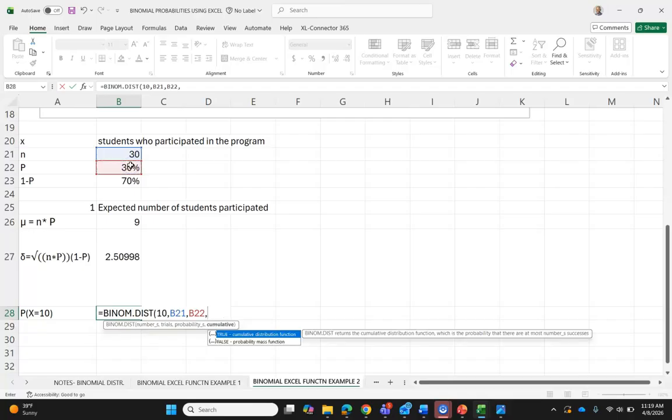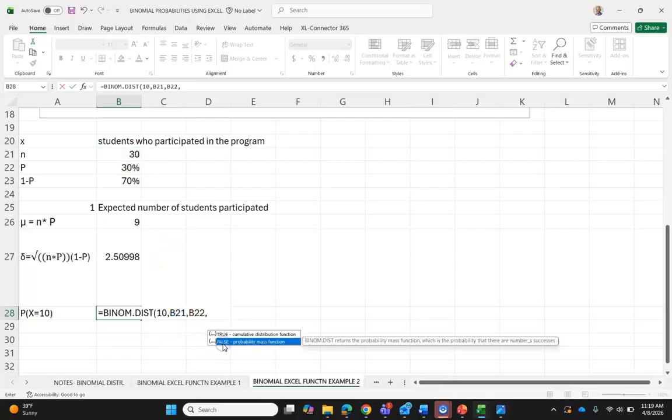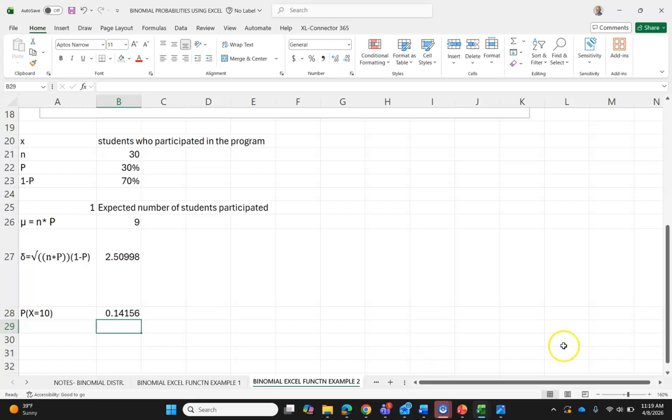Then we are looking at either cumulative or exact, but it is actually exact. So we're going to click on false. And so you can enter, and you're going to get the probability of exactly 10 students participating in the program. You can write your conclusion, please. And now let's go to the next question.